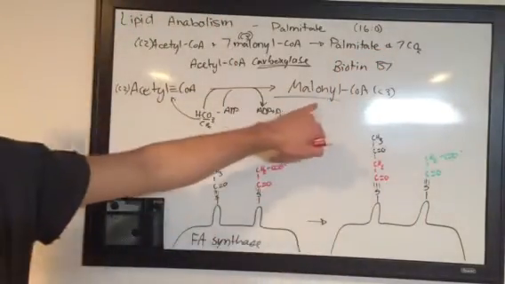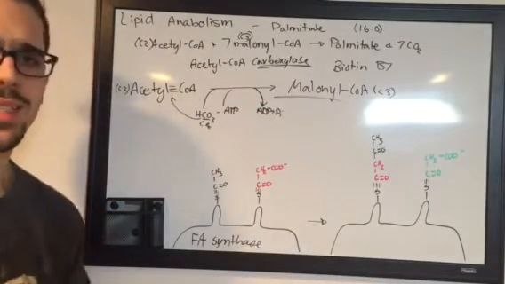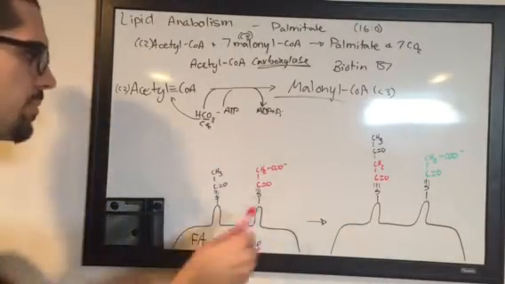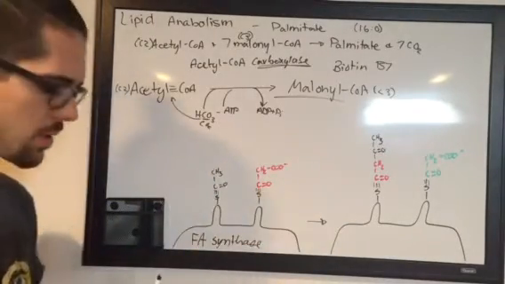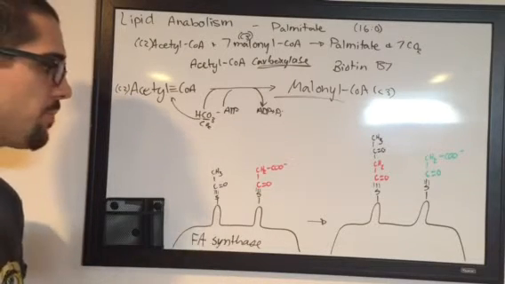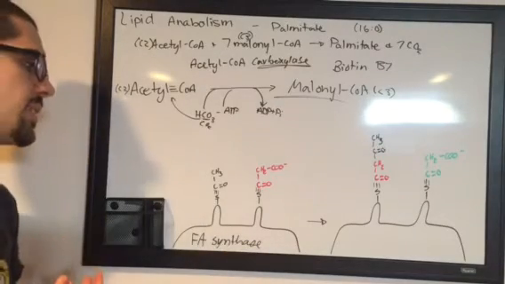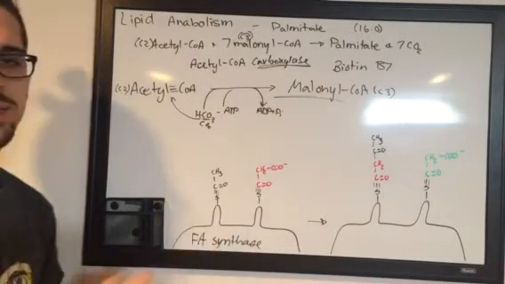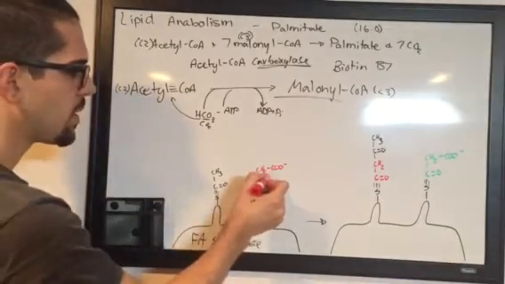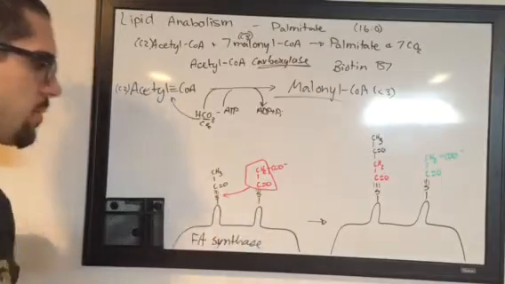Now, once we have malonyl-CoA and we have some acetyl-CoA in the cytoplasm, fatty acid synthase is going to start to work. So what we have here in red is our malonyl-CoA. What we have in black is our acetyl-CoA. The very first step of fatty acid synthesis, that fatty acid synthase is going to catalyze, is the movement of this group right here down to that sulfur bond.